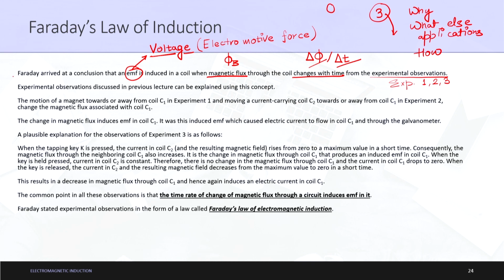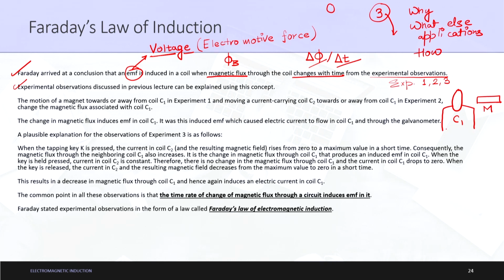Next point, experimental observations discussed in the previous lecture can be explained using this concept. This is the only line I told you about when I was explaining the first point. The motion of a magnet towards or away from coil C1: let this be coil C1, let this be the magnet denoted by M, let this be in a circuit with a galvanometer also attached.